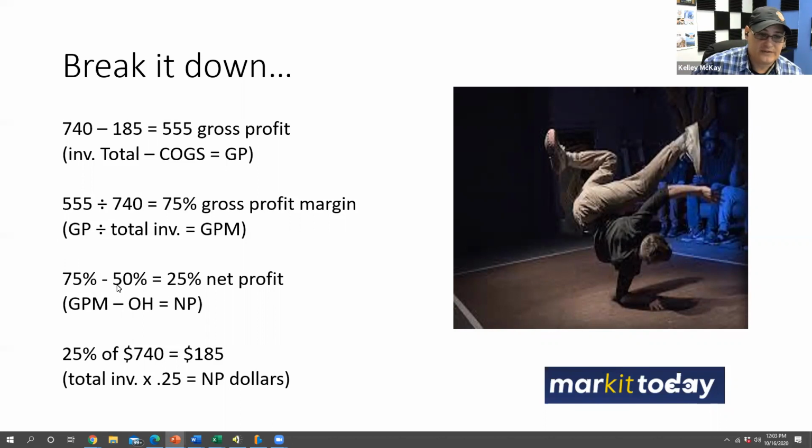Then we take 75 minus the 50% overhead, and that leaves us with 25% net profit. So 25% of 740 is $185. That's what I actually earned off that service call with that $160 valve and 1 hour of labor at $25 per hour. So that's total invoice times 0.25 equals your net profit dollars.